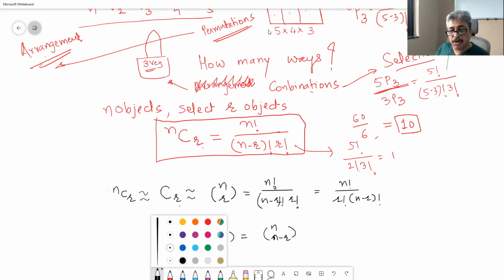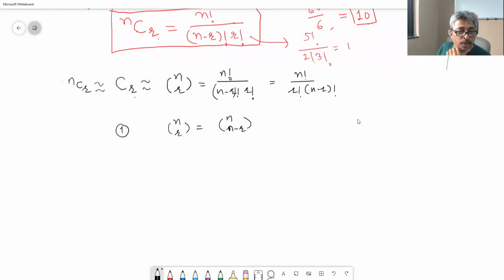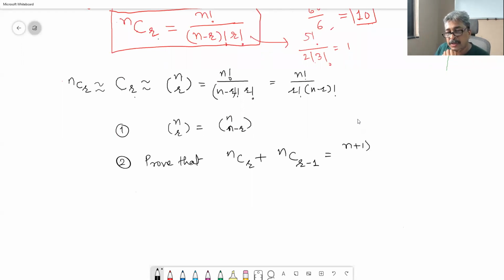And another property of choose notation, which I will ask you to prove: N choose R plus N choose R minus 1 is equal to N plus 1 choose R. Prove this.